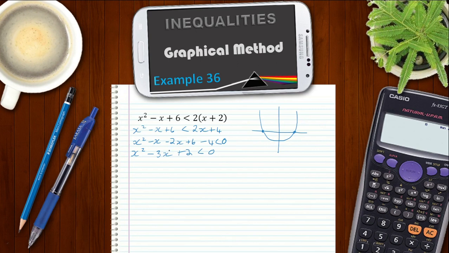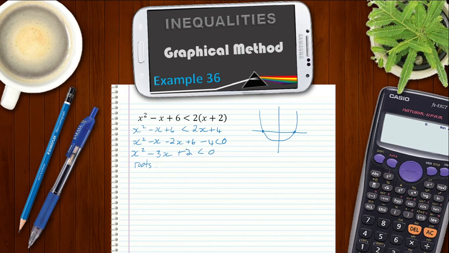Now, the first step was basically to put it in its standard form, as usual. Then the next step is we need to find the roots. The roots is basically solving the equation where we have x squared minus 3x plus 2 being equal to 0.